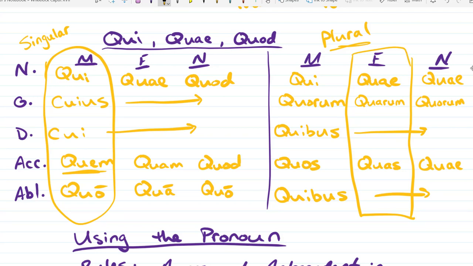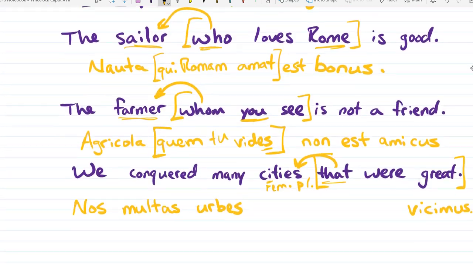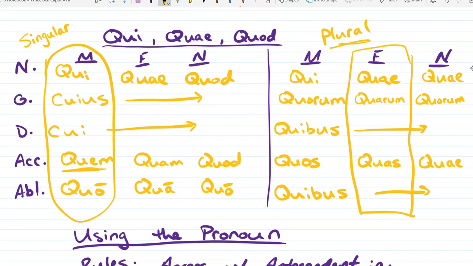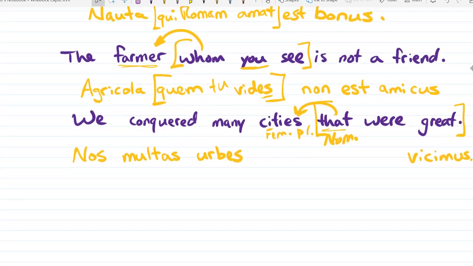But it depends on how it's being used, how that relative pronoun is being used in its own clause. So if we go back here and we say that were great, and we can just say the cities were great, and that's going to give us our meaning, and that makes sense. So we actually want to use nominative here. So it'd be quae.